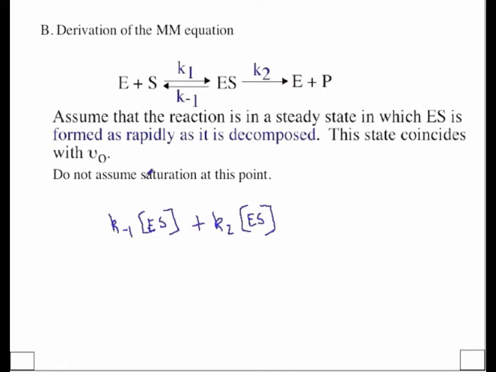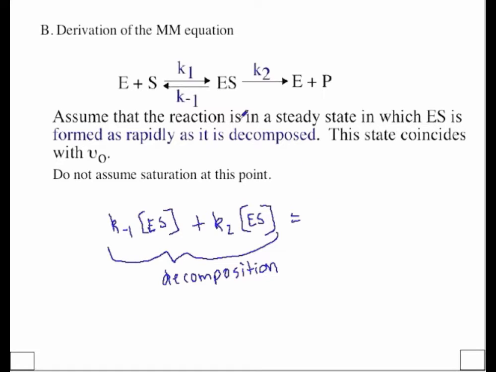But this decomposition equals formation. So they're formed as rapidly as it's decomposed.